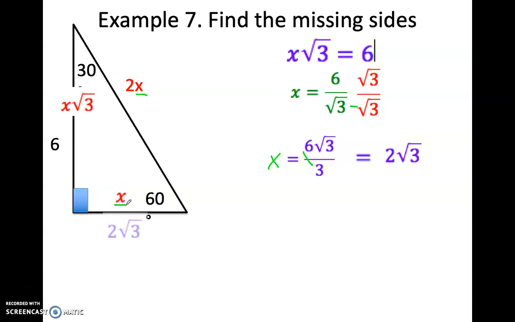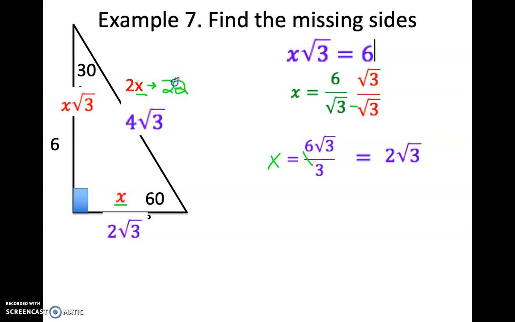So the 60-degree leg is easy. 2 square roots of 3. The hypotenuse is a little bit more. What's happening here is the 2 stays at 2. And we are going to replace the x with 2 square root of 3. That was clever of me.